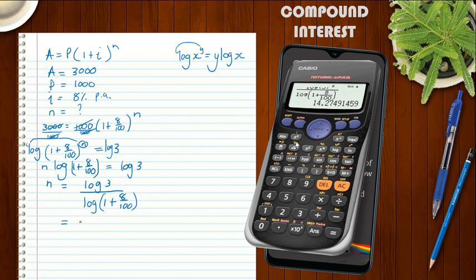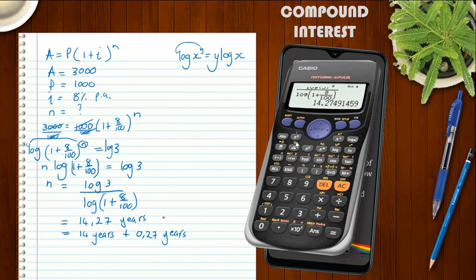But let's assume that they ask for years and months. Then you're going to say, okay, we've got 14,27 years, but we can break this up. Because we want it in years and months, I'm going to say this is equal to 14 years plus the 0,27 years. Now what is 0,27 years in months? We basically take this decimal value and multiply it by 12, because this is just a fraction of a year.